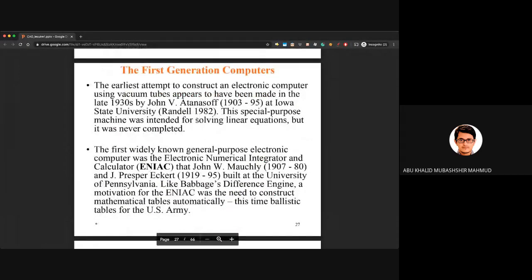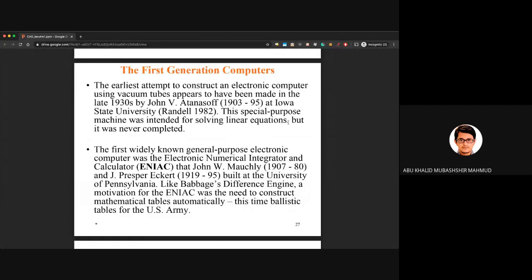Here we can see the history behind the first generation of computers. The earliest attempt to construct an electronic computer using vacuum tubes appears to have been made in the late 1930s by John V. Atanasoff at Iowa State University. This special purpose machine was invented for solving linear equations, but it was never completed.